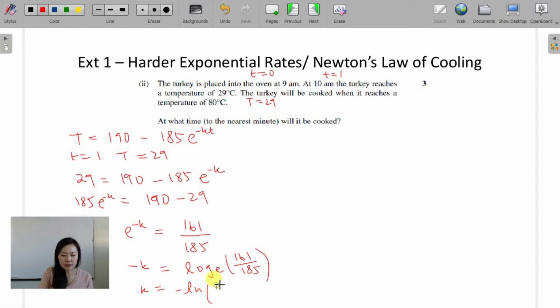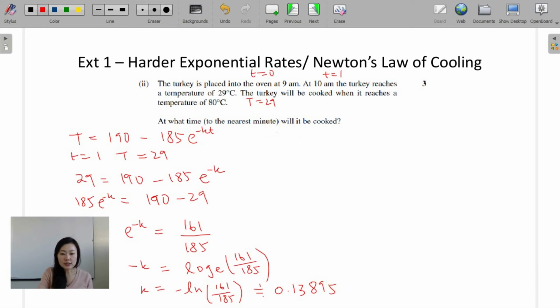So remember that's ln. Put that into the calculator, it's about 0.13895. Alright, so we found the k value.